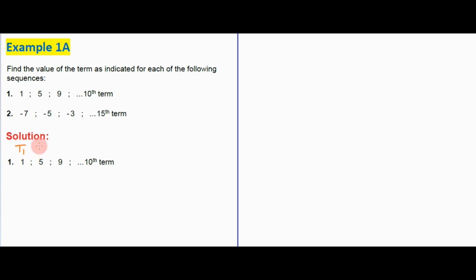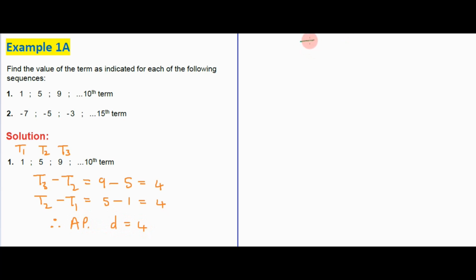So we have term 1, term 2, and term 3. Then term 3 less term 2 is going to be 9 minus 5, which is 4. And term 2 less term 1 is 5 minus 1, which is also 4. So we know it's an AP with common difference D equal to 4.